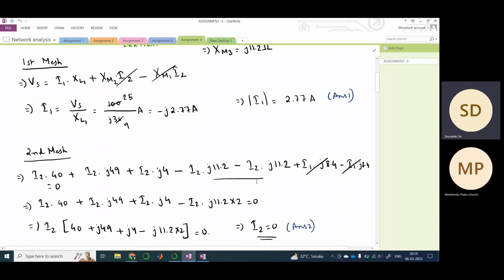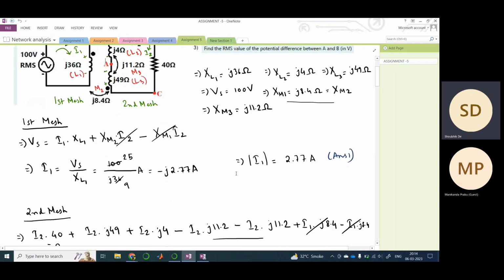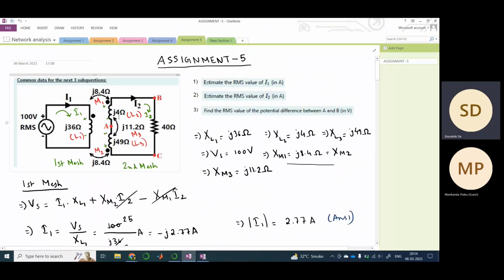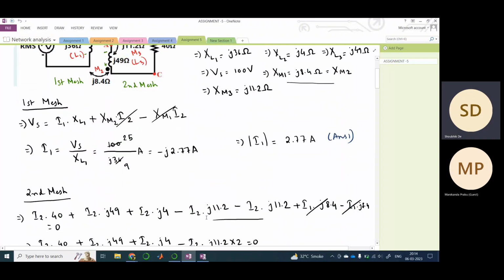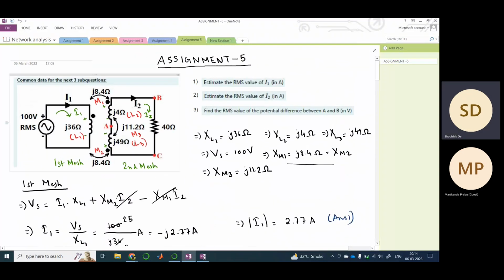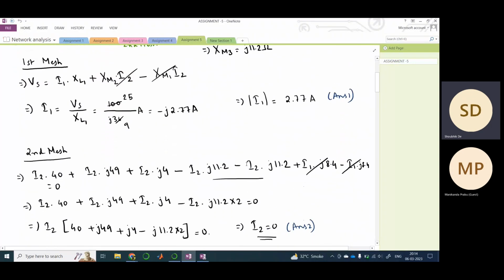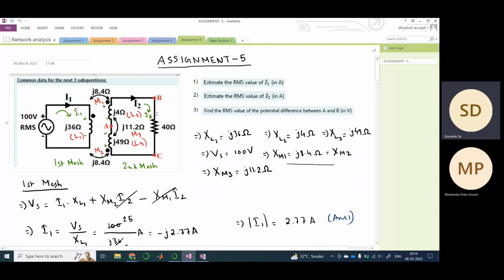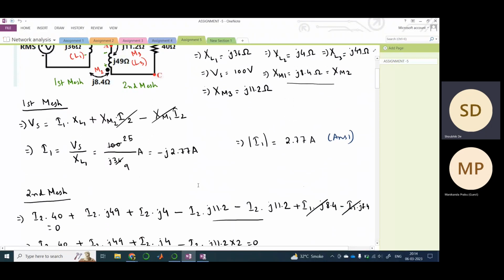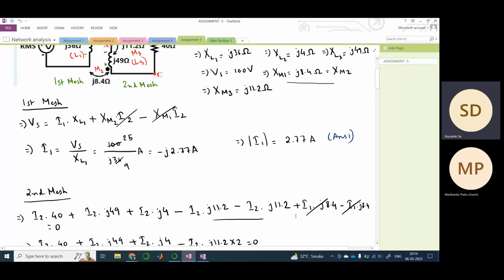Why two same terms? Because this is the same loop, and in the same loop you are considering the two mutually coupled inductors. So minus I2 into J11.2 is coming because L3 is coupled with L2, and again this term is also coming because you are considering L2 and L2 is coupled with L3. Okay, so therefore these two terms are coming.